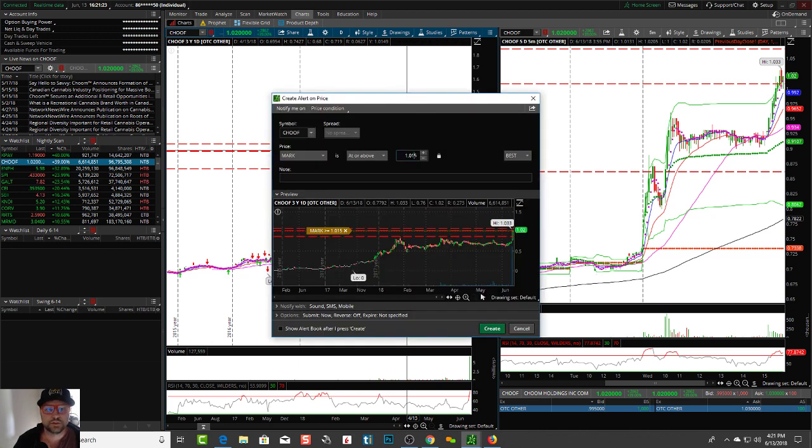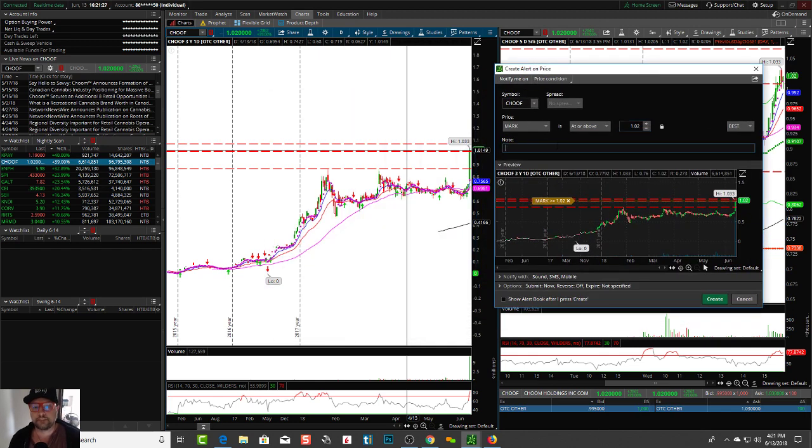Massive cup and handle on a monthly chart, even monthly. Weekly and monthly.